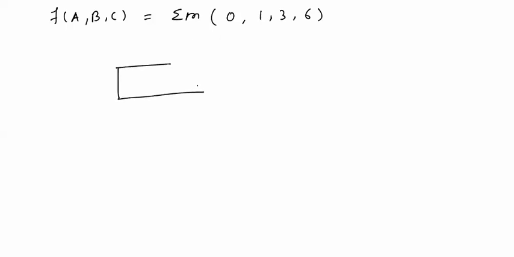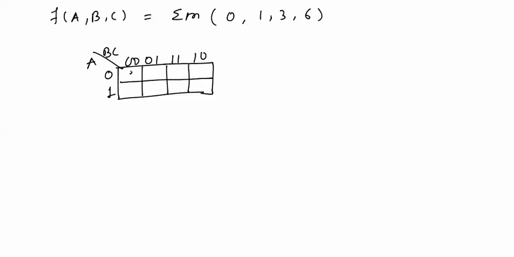For this, the K map can be plotted as: for the zeroth combination 1, for the first combination 1, for the third combination 1, and the sixth combination is 1. There are two 1s adjacent to each other, pairing will be done. There are two 1s again adjacent to each other, pairing will be done. And there is a single 1.